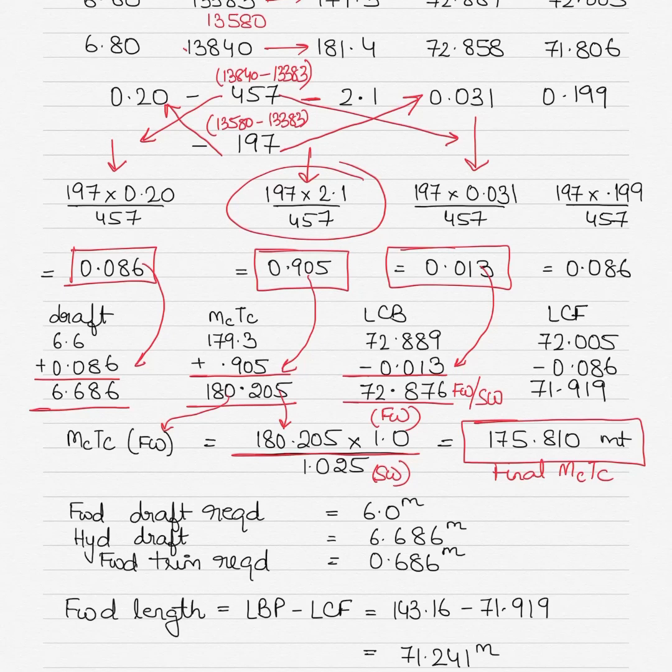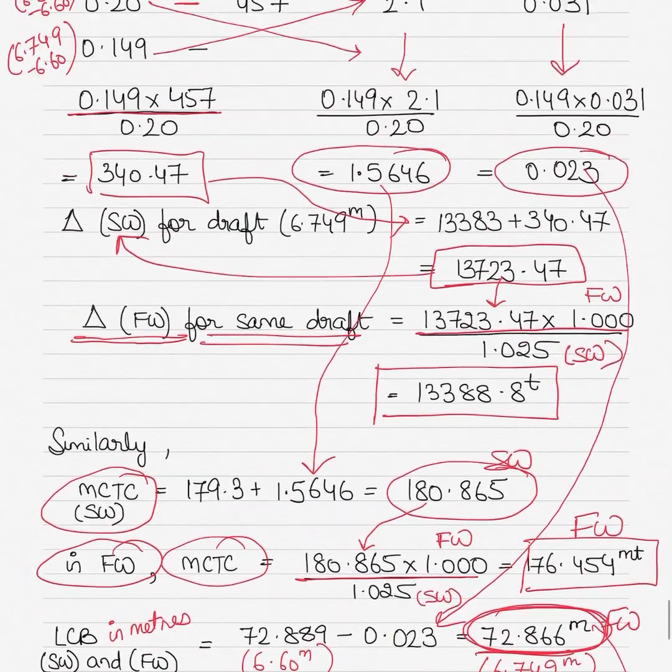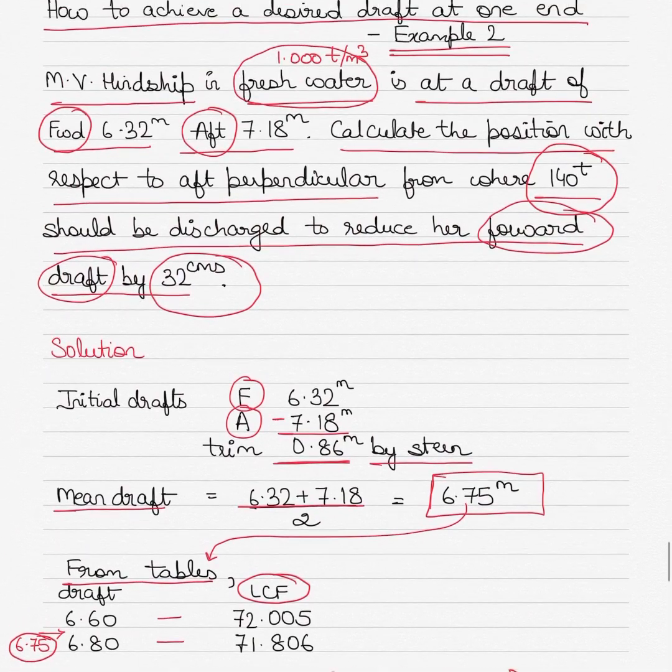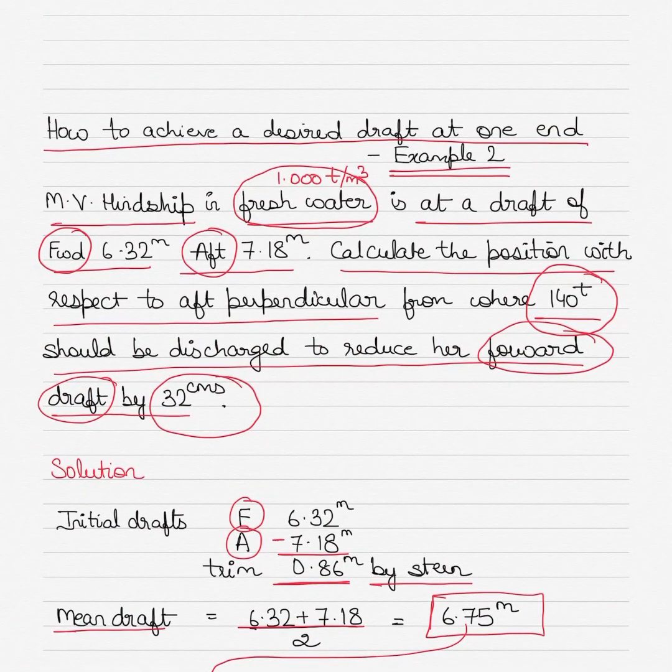Alright, so your forward draft required is 6 meters, your hydrostatic draft is 6.68 meters, so your forward trim will be 0.686 meters. Now why is your forward draft required 6 meters? Do you know? Okay, let's go back to the question. You can see here the forward draft is 6.32 meters, but you want to reduce her forward draft by 32 centimeters.